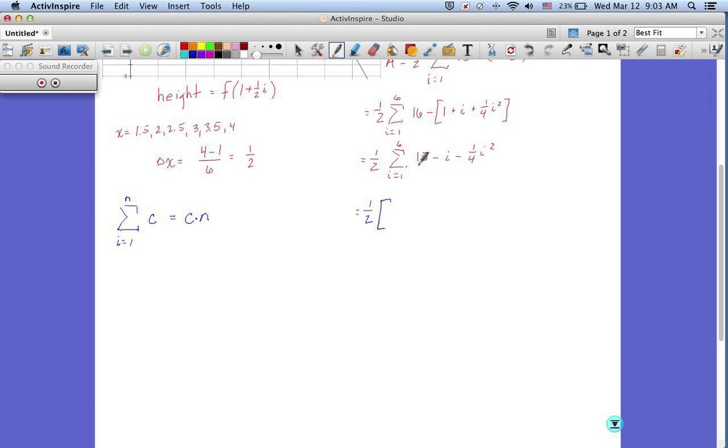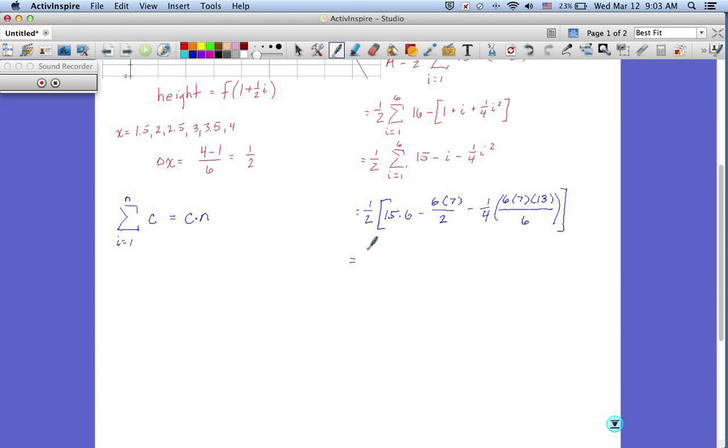The rule of sigma says this is going to be 15 times 6, minus our integers, remember, n times n plus 1 over 2, minus 1/4 times our rule for squares, 6 times 7 times 13, n times n plus 1 times 2n plus 1 all over 6.